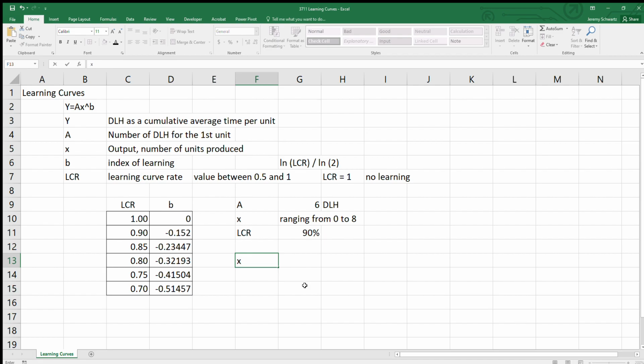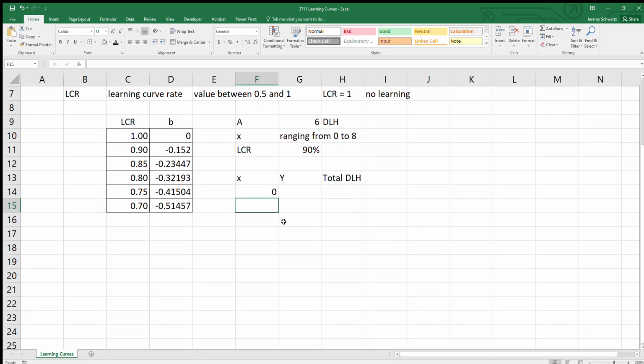So as we go through the formula then, we have our X value here, our Y, and then we'll have our total direct labor hours will be the product of the two. And so we'll work through this process here. So we'll start with 0.